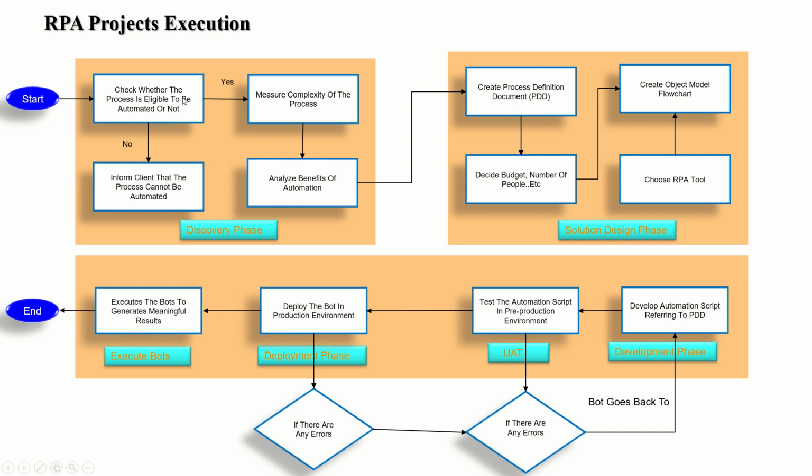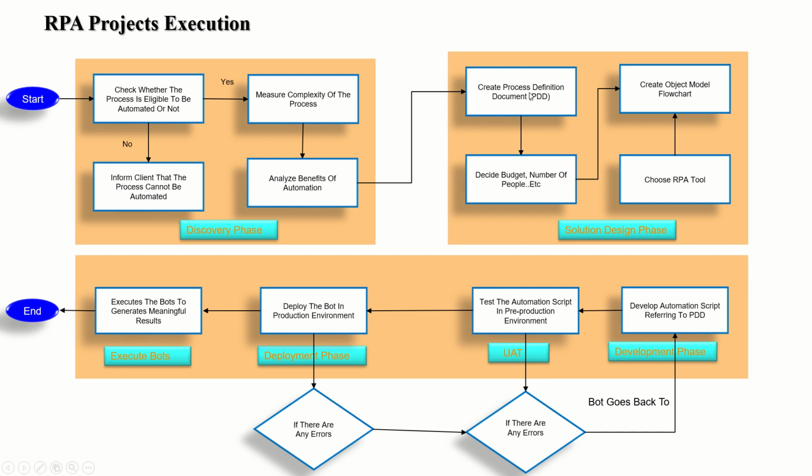Next we move on to the yes side. After measuring the complexity of the process, we need to analyze the benefits of the automation. Then we move on to the solution design. We need to design some solutions like creating the process definition document, the PDD, and flowcharts.